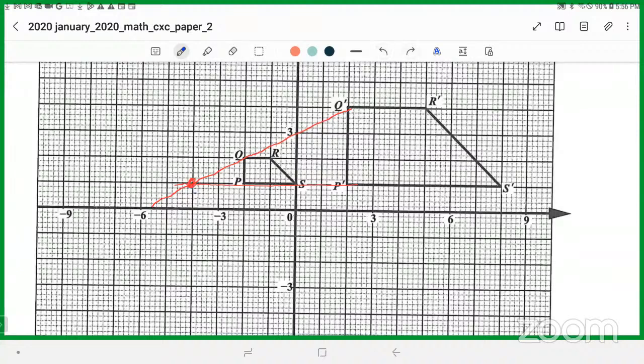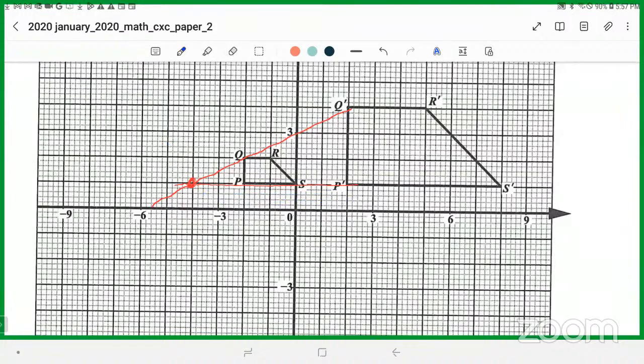So you can check that. If the scale factor is 3 and this is the correct center, this should be 6 units. 2 times 3. That's 2, 4, 6. So I can accept that as my center, and the scale factor works on that as well.